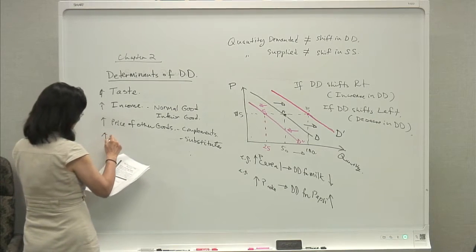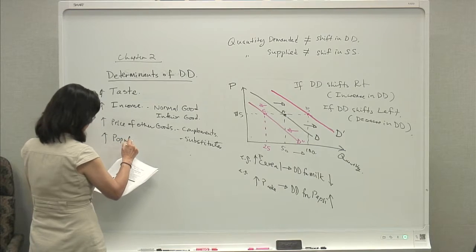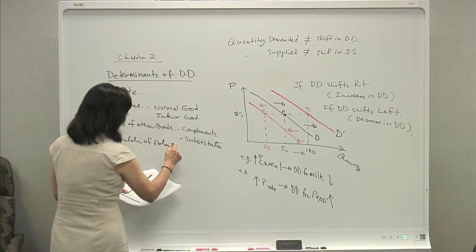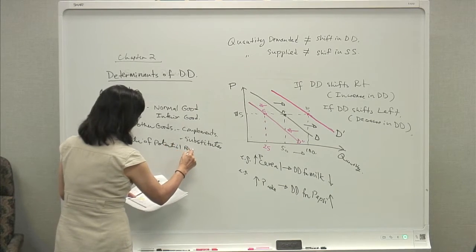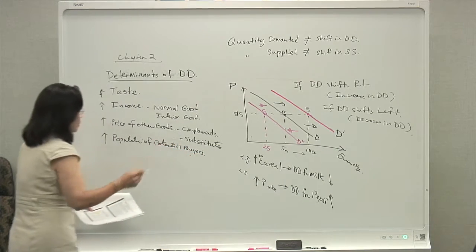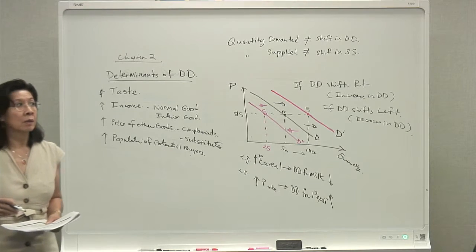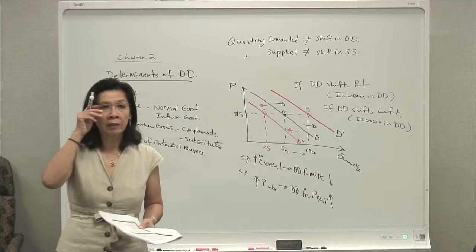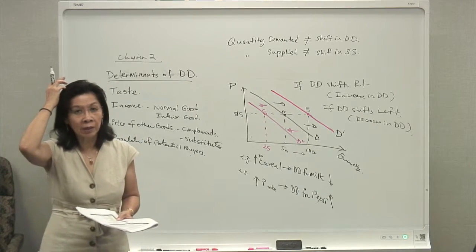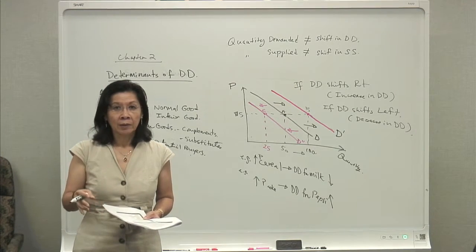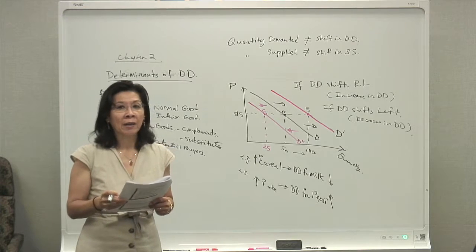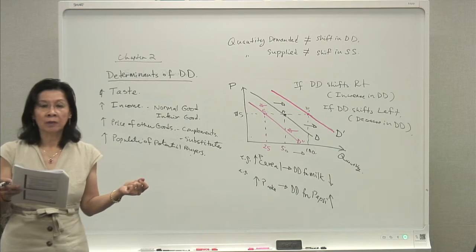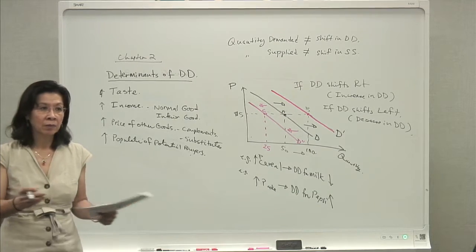So next one is if the population of potential buyers goes up. Let's just say that the town is expanded. Some of you might live in the Fayetteville area, North Carolina, and you heard about this project known as BRAC, B-R-A-C, where they bring in all the military households and personnel into the area.